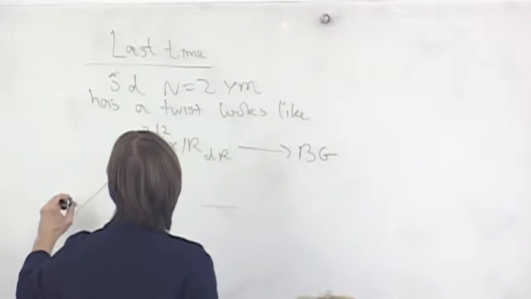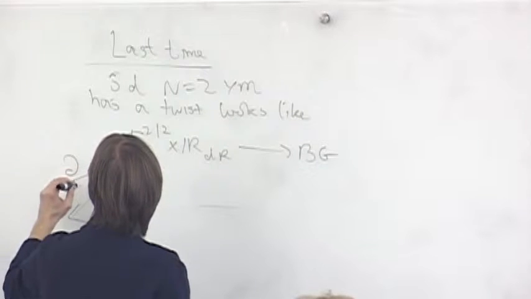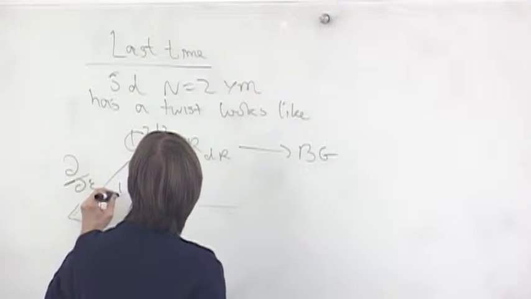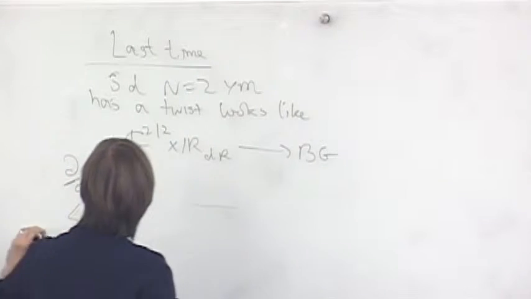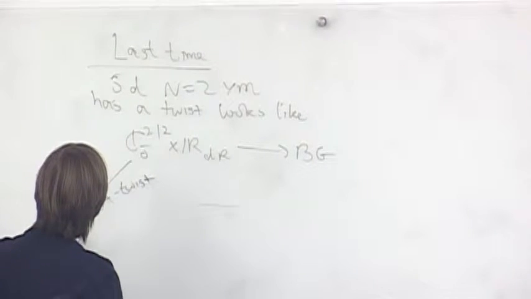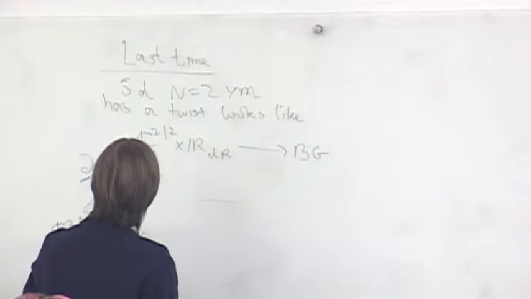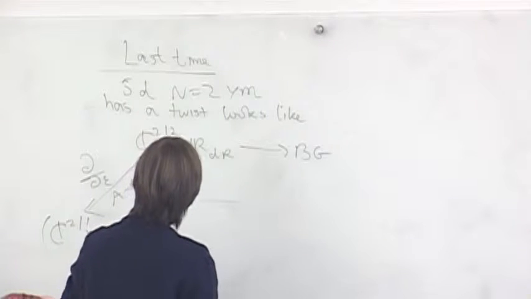We saw also there's some kind of A twist, which turns us into C^2/1 cross R to BG to RAM.